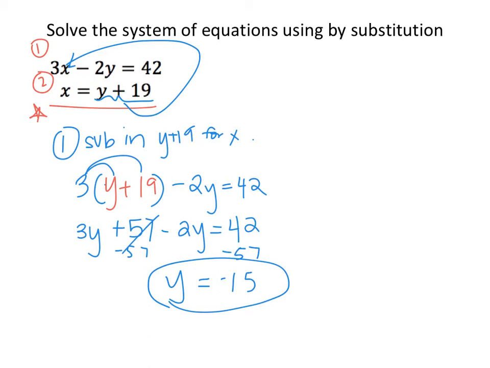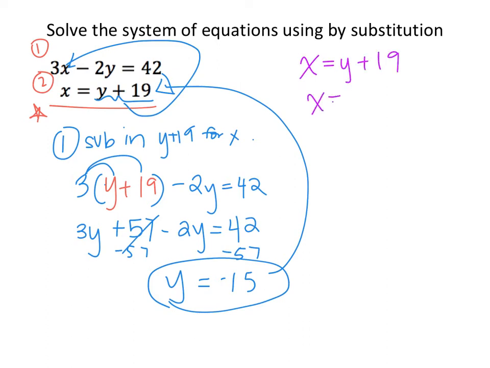I'm going to plug that now into my special equation, which is my star. In this case, it's my second equation. So I'm left with x is equal to y plus 19. Instead of y, I'm going to put in negative 15. So x is equal to positive 4. So my solution is 4, negative 15.